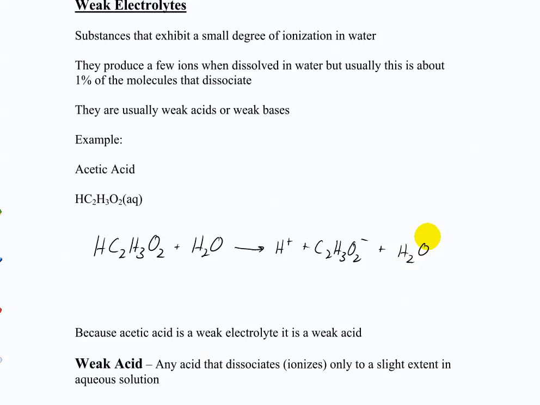However, this is actually a reaction that goes forwards and backwards, and the backwards reaction is favored because only 1% of this is actually getting dissolved, is actually getting ionized. It's actually breaking up into ions, ionized. That's the word I'm looking for. Most of it is sticking around as starting material, and that's what a weak electrolyte does. When you put a weak electrolyte in water, it dissolves, but it doesn't ionize much, and a little bit of it does.